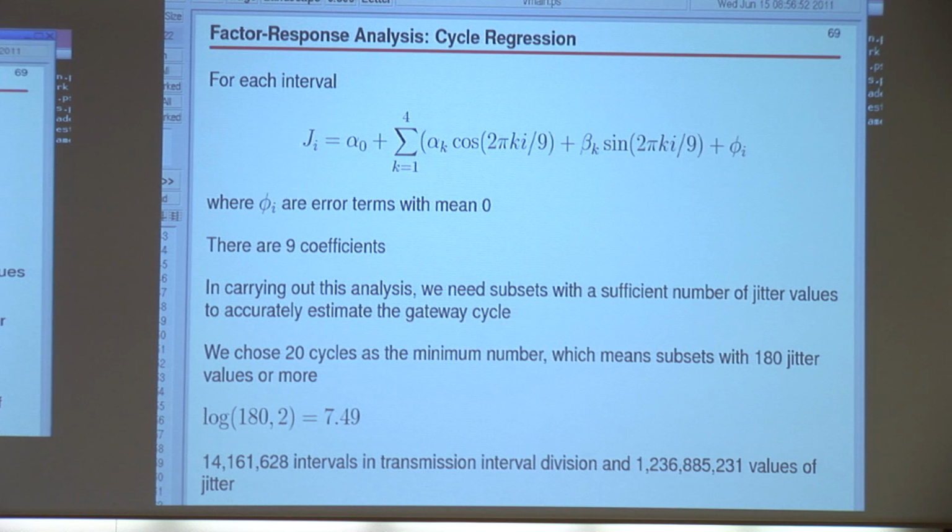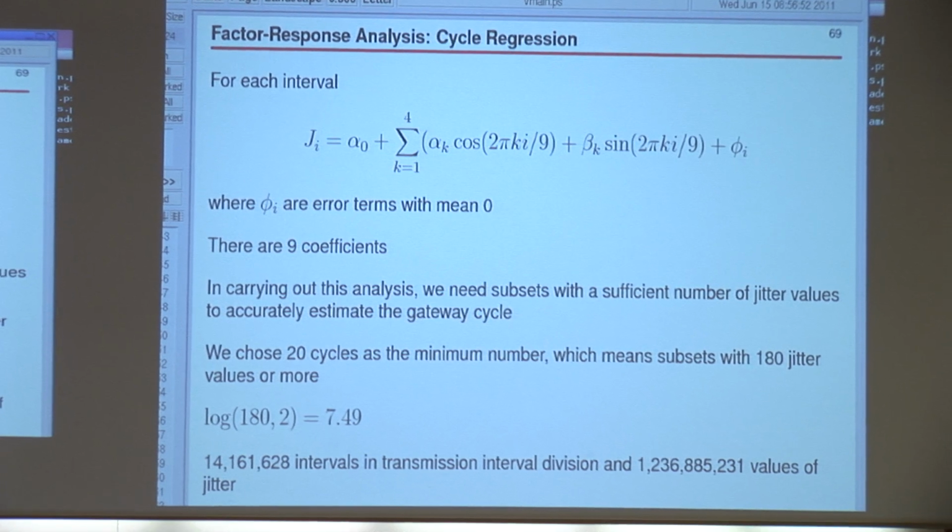So what we said was, okay, we want at least 20 cycles. So we only did the analysis I'm about to tell you about on intervals that had at least 20 cycles, which is 180 jitter values. That took us from 14.1 million down to 3.6 million intervals.